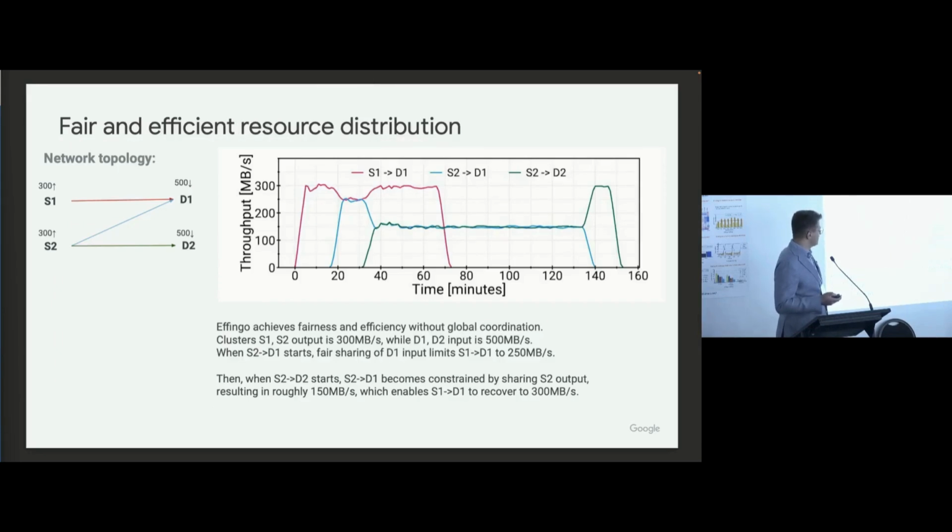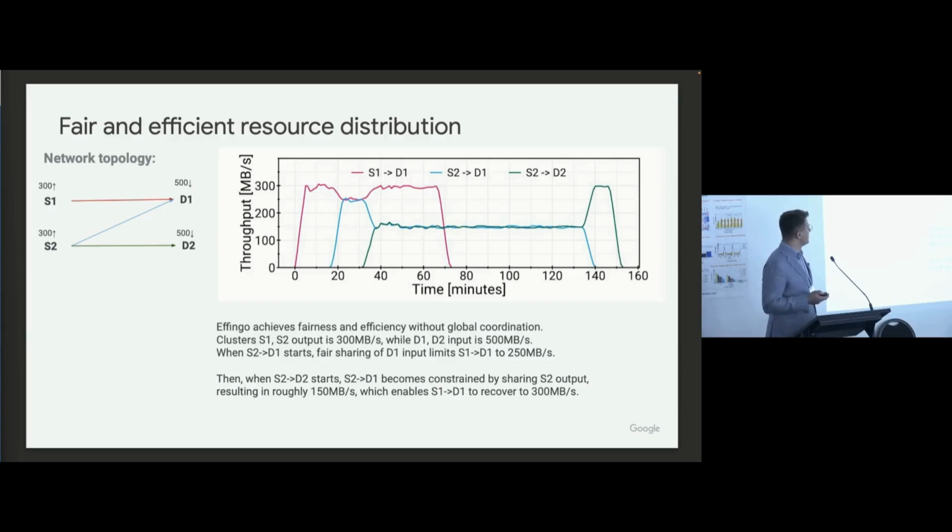That's maybe a more sophisticated example of how we do fair splitting of the bandwidth allocation. Here we start with just the transfer from source S1 that can have egress maximum 300 to destination D1. And at some point, we start the blue transfer from source 2 to destination 1.